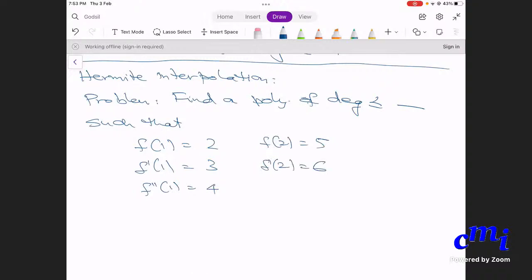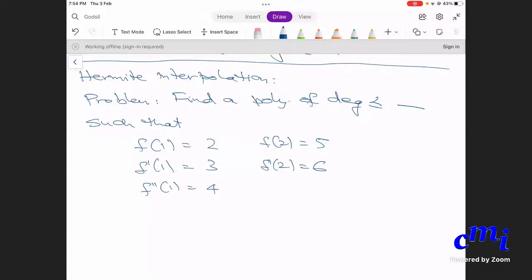And what degree? Notice that I have given you 1, 2, 3, 4, 5 conditions. Since I have given you 5 conditions, probably the polynomial should be of degree 4. A degree 4 polynomial will have 5 coefficients: the constant term, the coefficient of x, x squared, x cube and x to the 4.